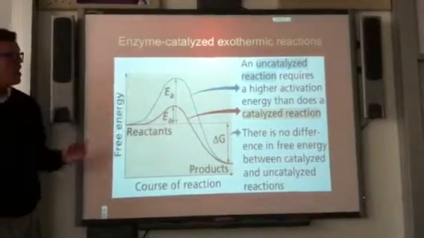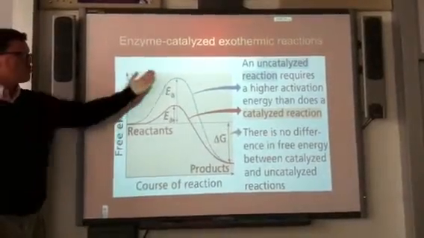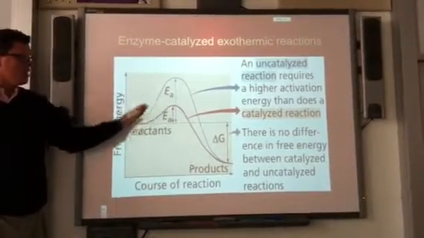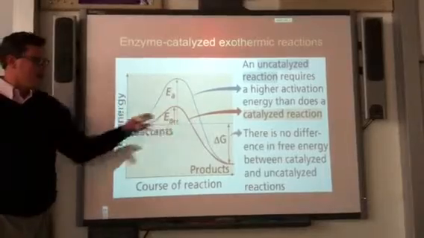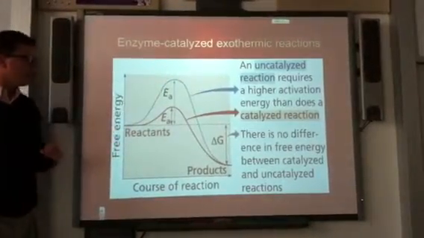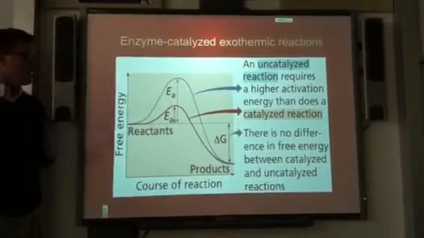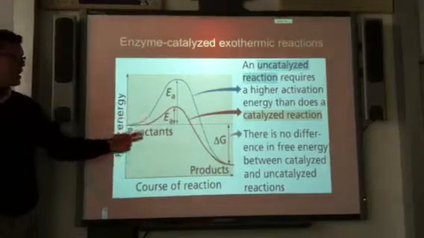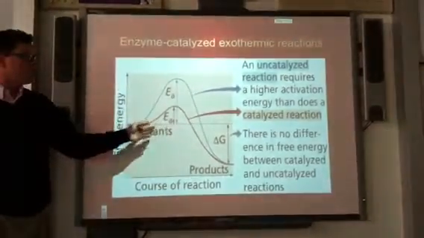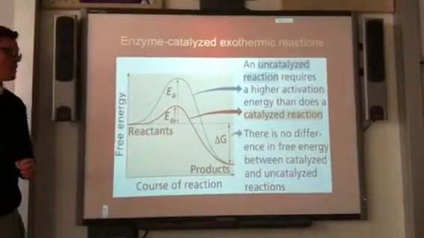If you think of these graphs like a hill, and you were asked to push a ball over each one of these hills, I assume that you would choose this red hill. It's a lower hill. It happens much more easily than the blue hill. So each time there's a chance of this reaction happening, it happens much more quickly when it is catalyzed. But notice that the enzyme is not used up in the course of this reaction. The reaction just happens more easily.